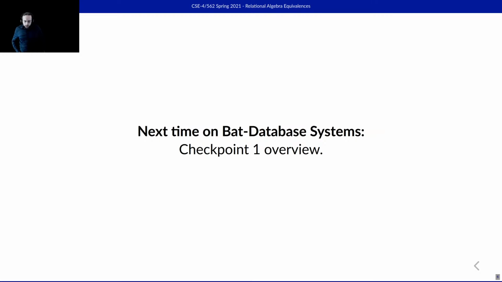Suki asks, is checkpoint one connected with the remaining checkpoints? Yes. So checkpoint one is essentially a getting off the ground kind of checkpoint. You're not going to be asked to answer queries super efficiently. We're going to be working with relatively small data sets and relatively simple joins.